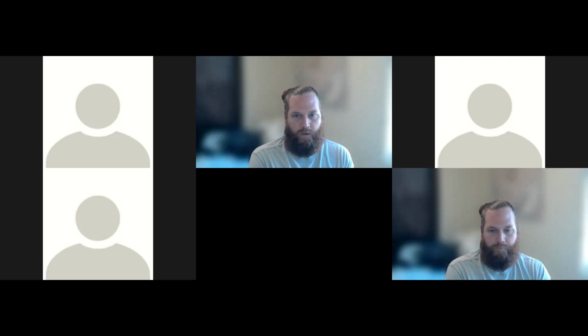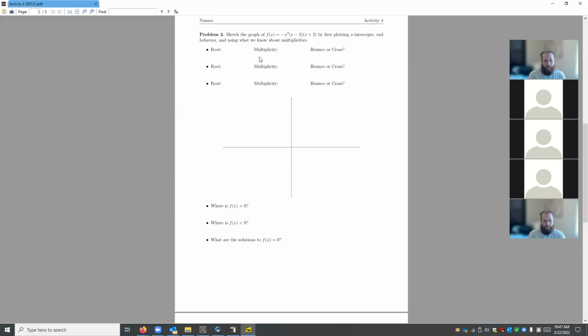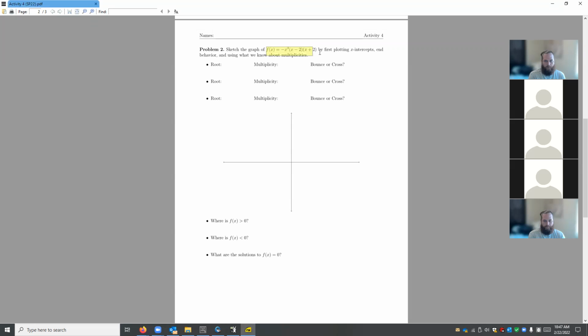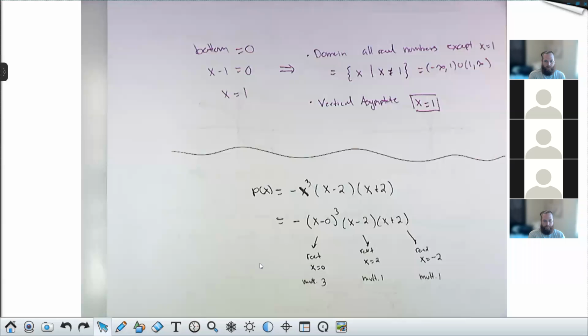Problem 2. Okay, so let me turn on my share here. So when it comes to this guy, first thing I would do is just write down this polynomial. The trick to figuring out whether we're going to bounce or cross is first, of course, find the roots.